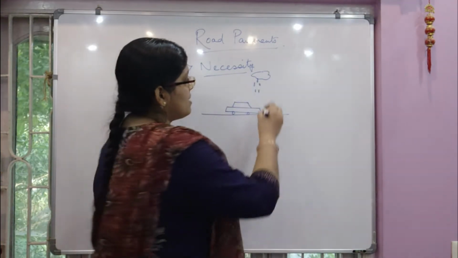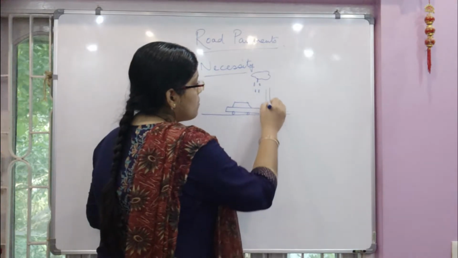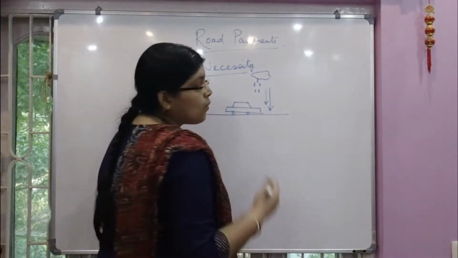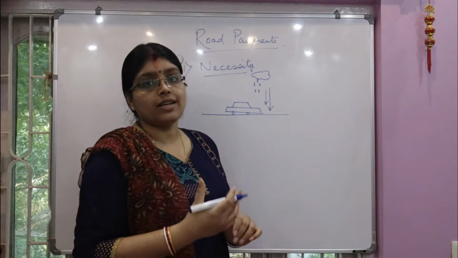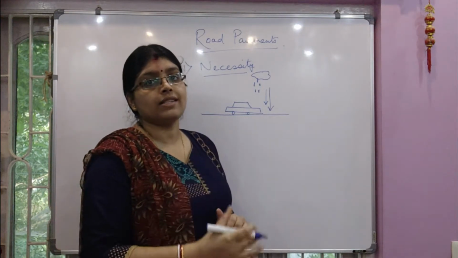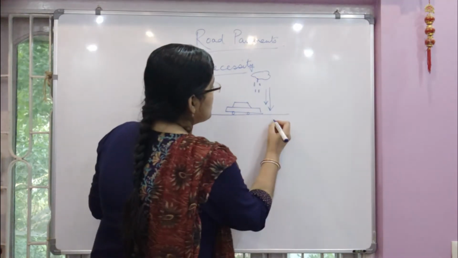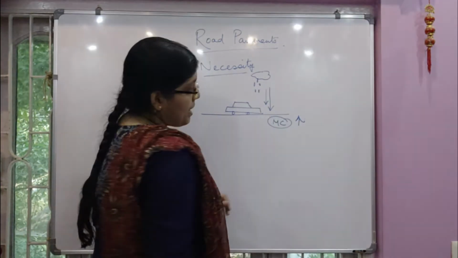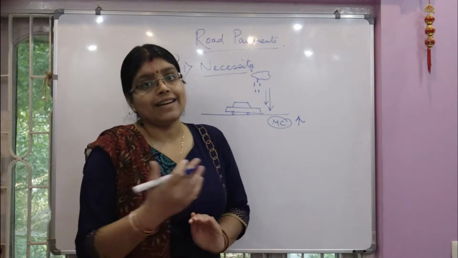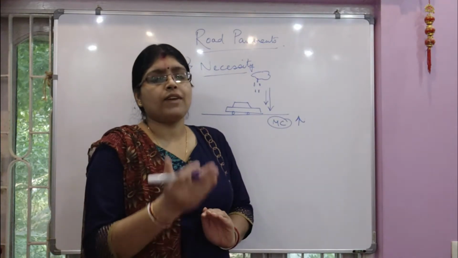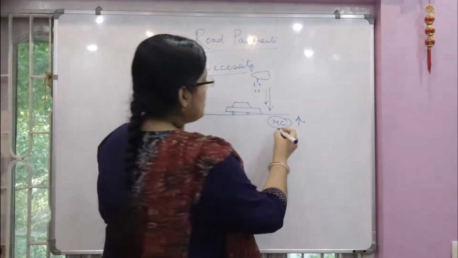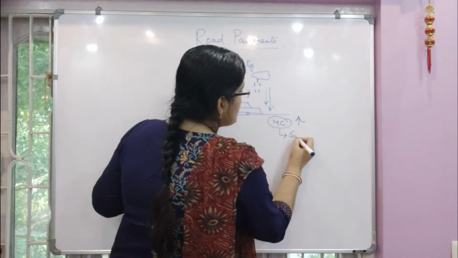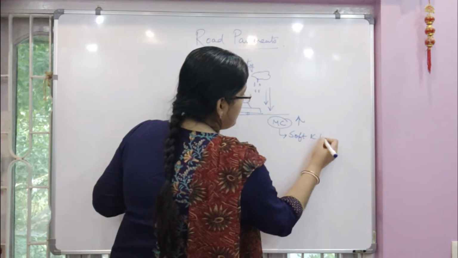Generally, during rainy season, the rain falls onto the ground surface and the soil becomes wet. That means the moisture content of the soil generally increases, and if the moisture content increases, then the soil will be very soft and weak.